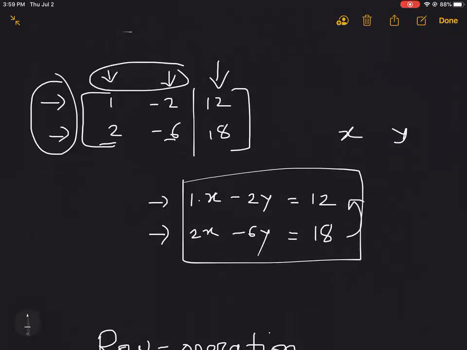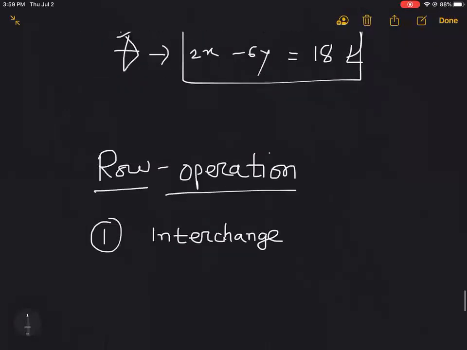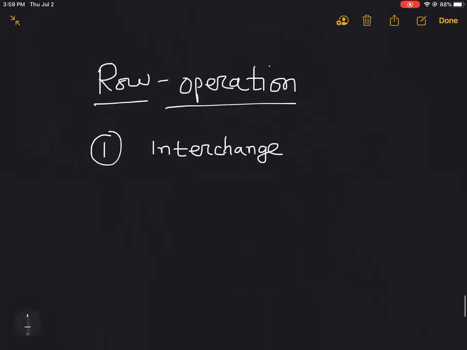If you interchange the rows, it doesn't do any harm to your system of linear equations. Your solution will still be the same, right? Even if you write this equation first and this equation second, this doesn't make any difference. So we can easily interchange any two rows.